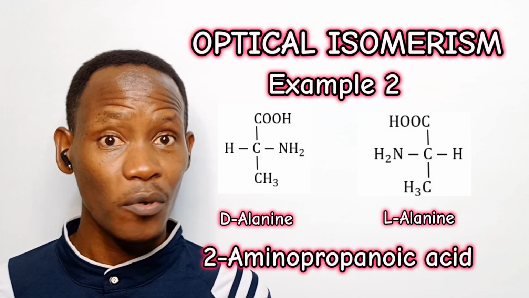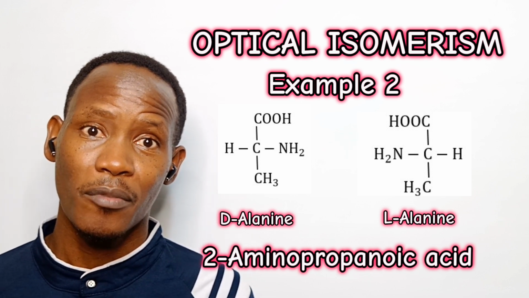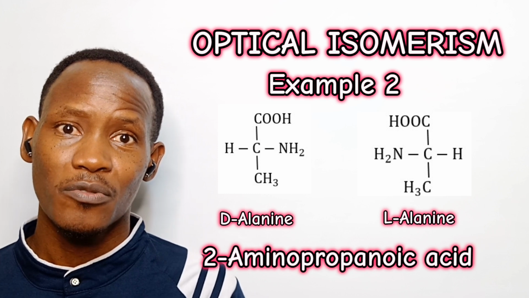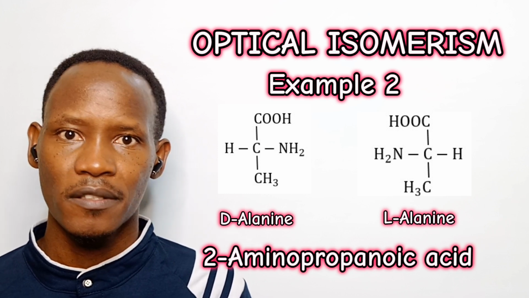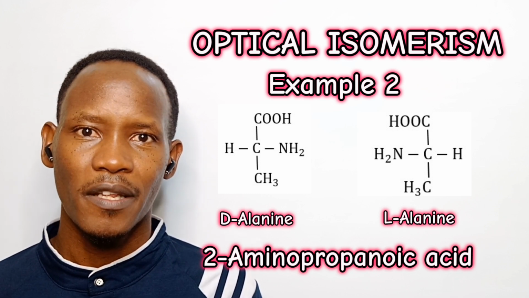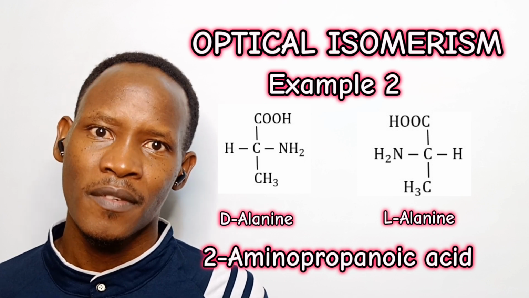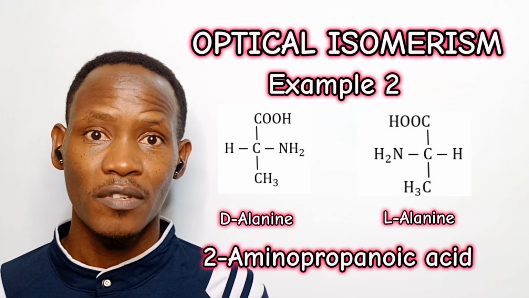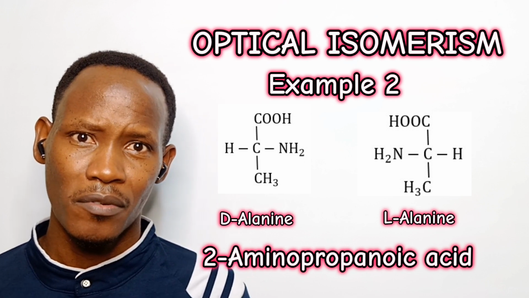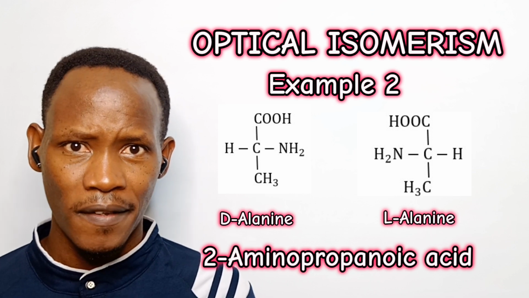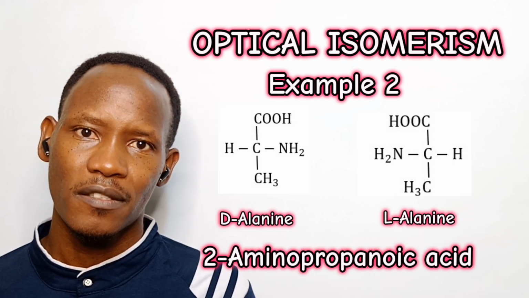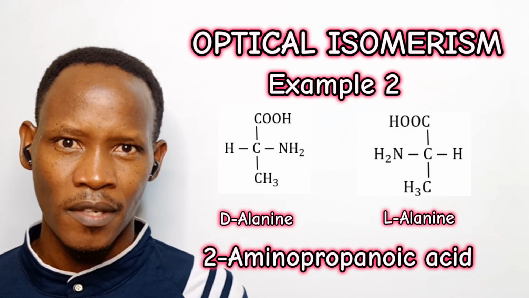Notice that, like in the previous example, however much you try to superimpose those two isomers, you'll never succeed without twisting any of them. And therefore, the two are a perfect example of optical isomerism, and optical isomers.